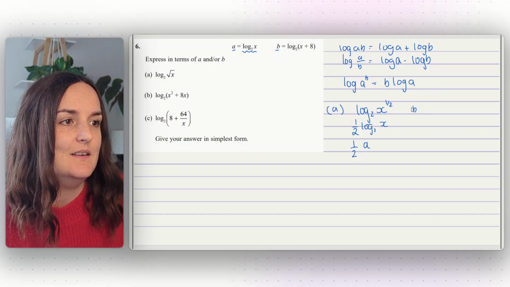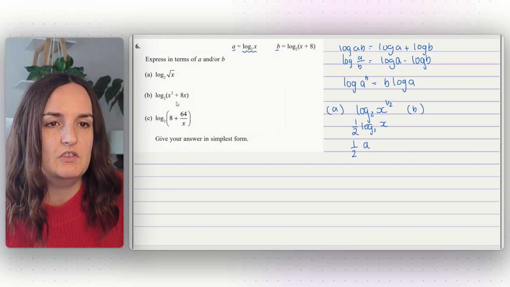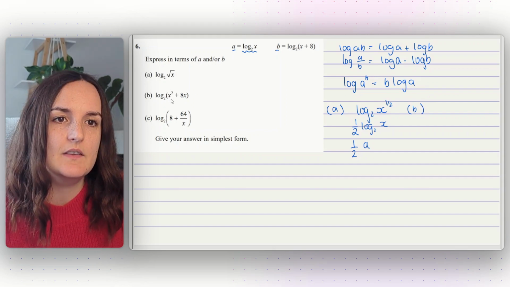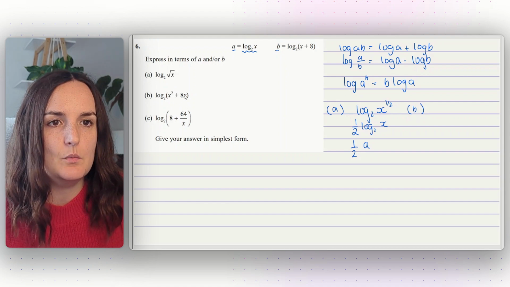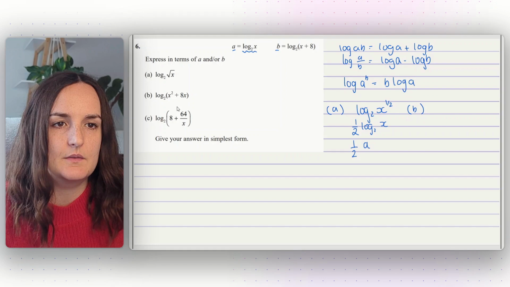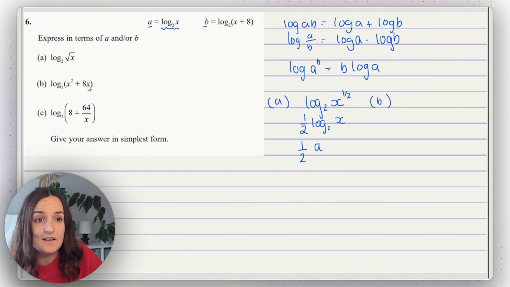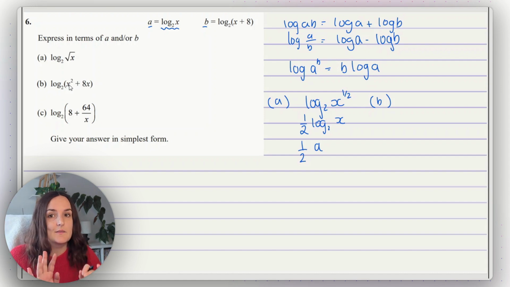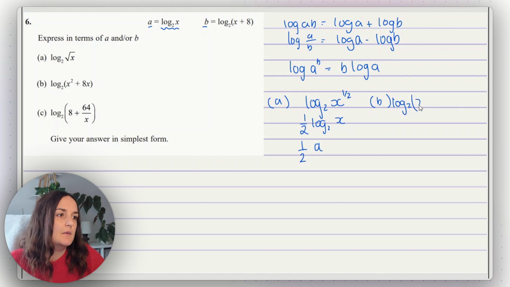So that's quite easy. Part b is this expression here. So we're looking, can we turn this into something that has a single power on this thing inside of here? Can we turn it into something that's multiplied or something that's divided? So hopefully you're thinking, I can factorize this, because if you can factorize something, factorize means two things, or more than two, multiplied together. And that's what we're going to do here. So we've got log base 2, and then we've got x(x + 8) all inside the log.